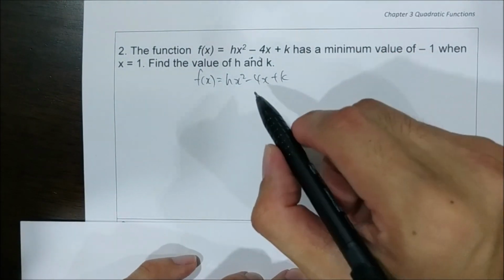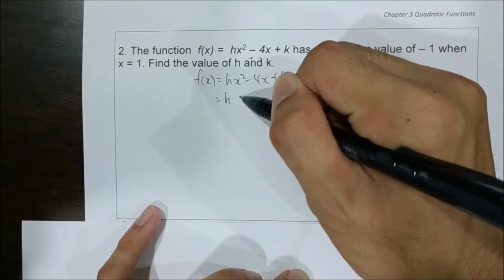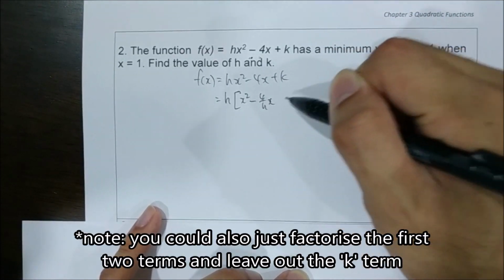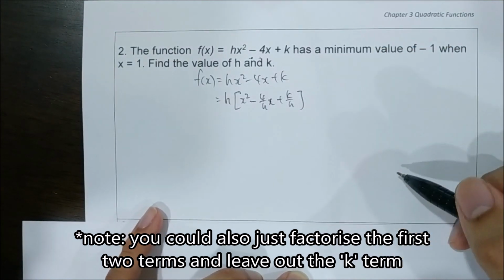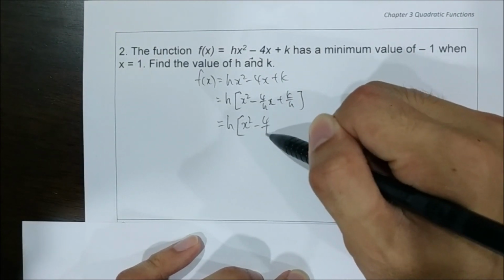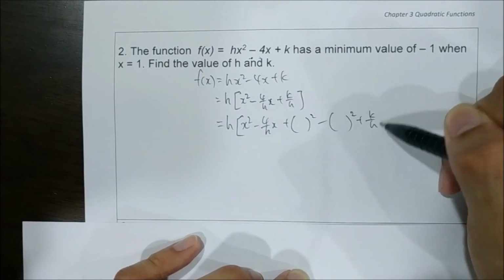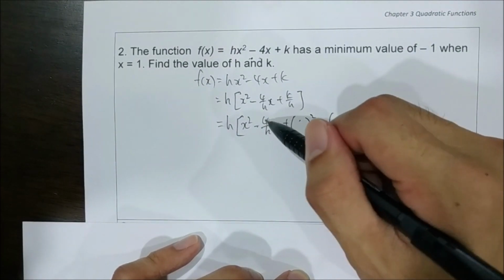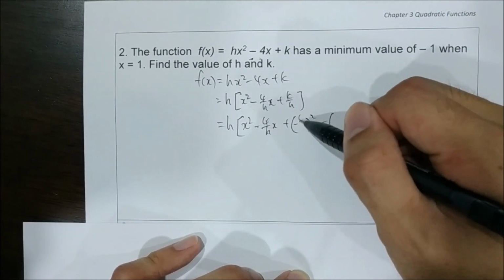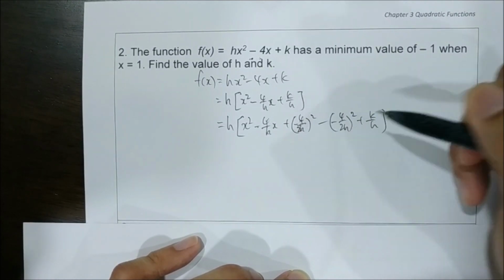In order to perform the completing the square method, I need to factorize the h. So it will be h(x squared minus 4 over h x plus k over h). Then I add and subtract, what should I write inside here is negative 4 over h over 2, which is negative 4 over 2h.